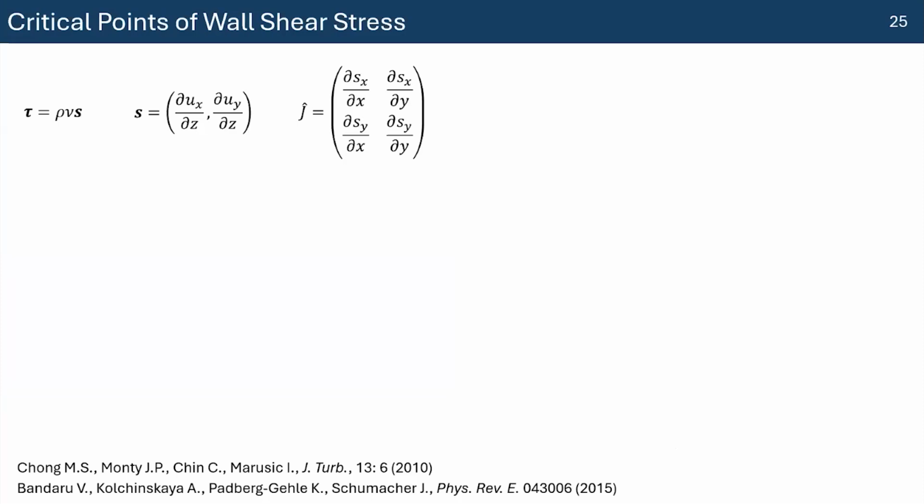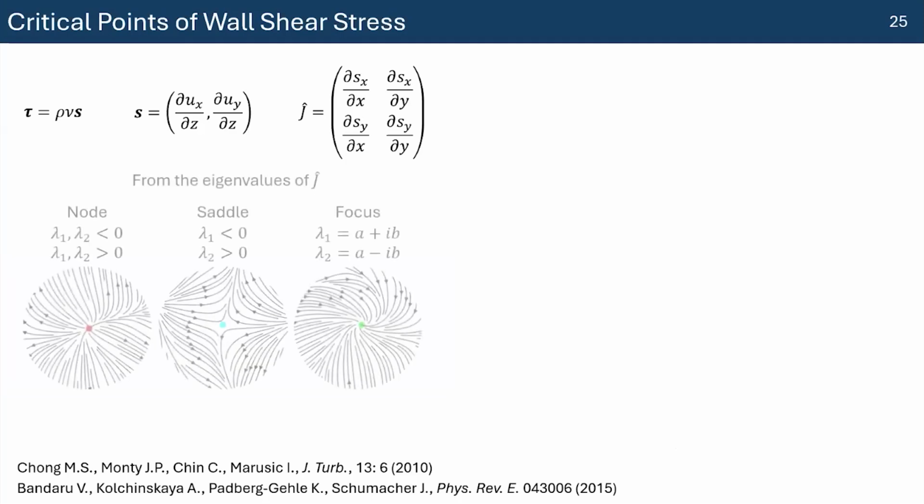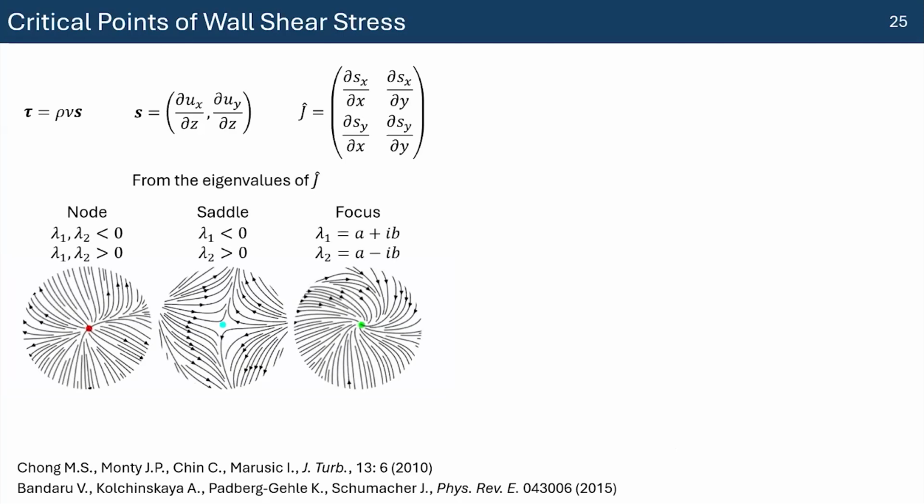So before doing that, we look at the shear field on the bottom plate. We compute the eigenvalues of the shear field, and then we decompose the flow into nodes, saddles, and foci.